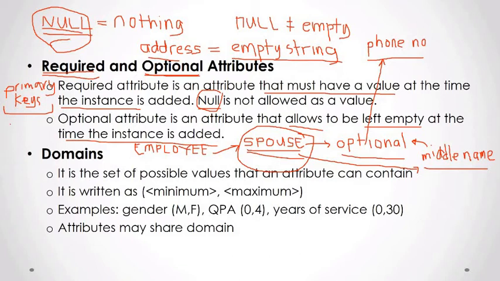Okay, another is last name and first name. So all of us have a last name and all of us have a first name. So that's required. Gender, that's also required because all of us have gender.